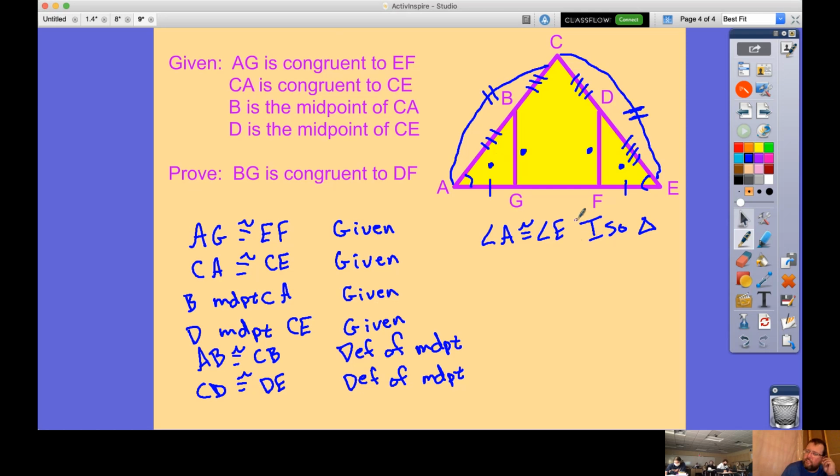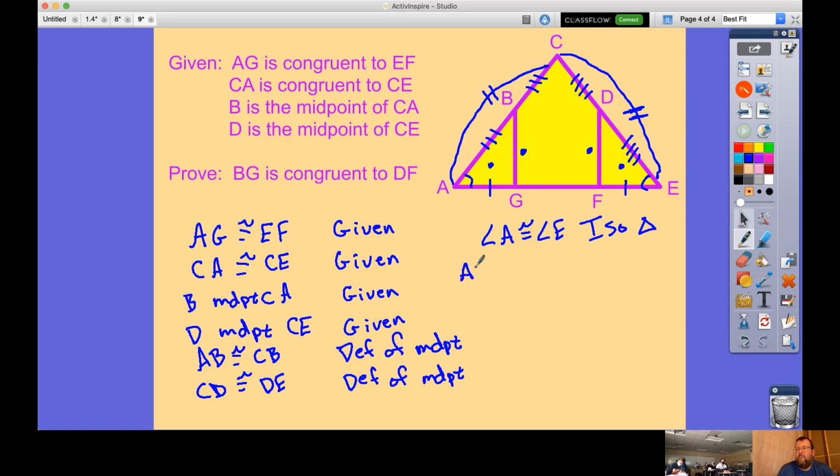All right. Can we say that these two triangles are the same yet? Yes. Is this side the same as this side? I've got 4 tick marks here and only 3 here. Can I prove that this side is the same as this side? We're really close.